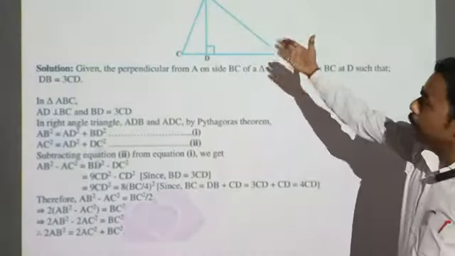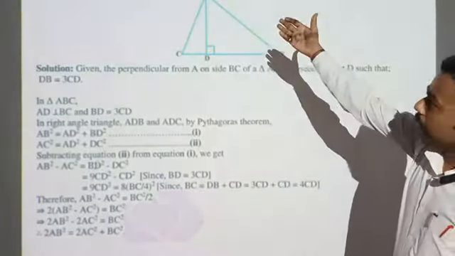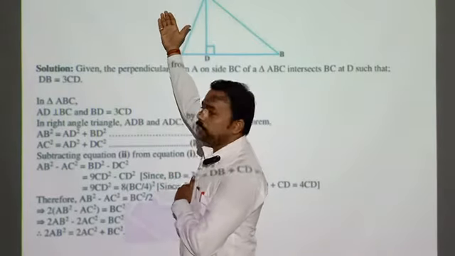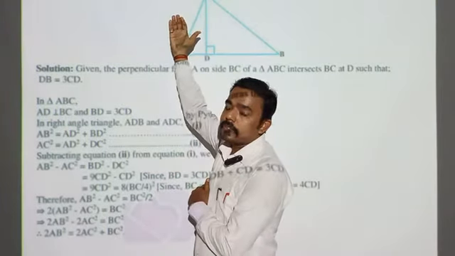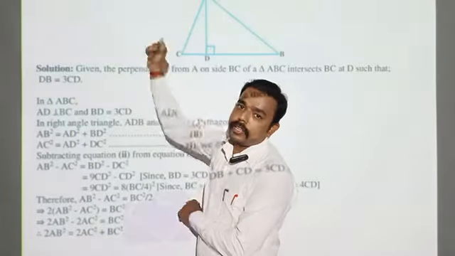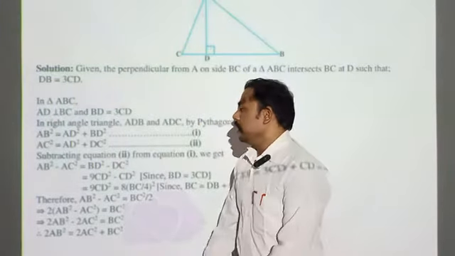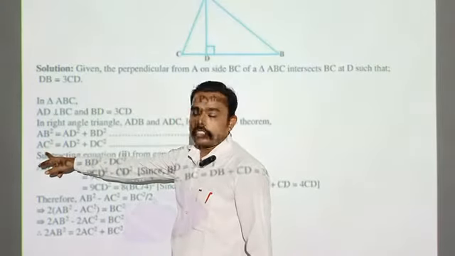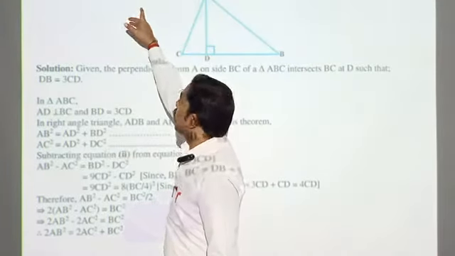Now we need to prove it. AB and AC are hypotenuses, so we need to change AB and AC to the right side. So we subtract AB squared and AC squared, which puts it on the left side.